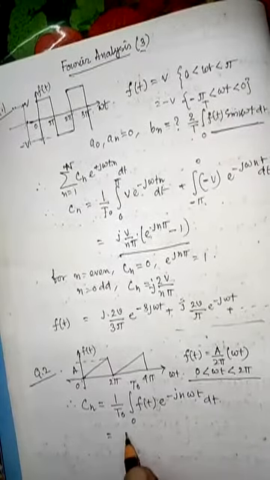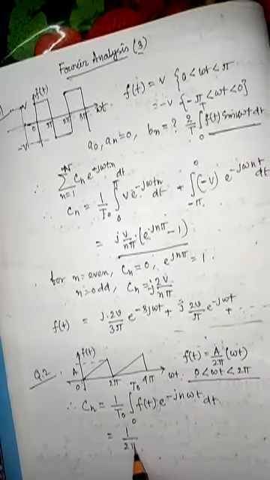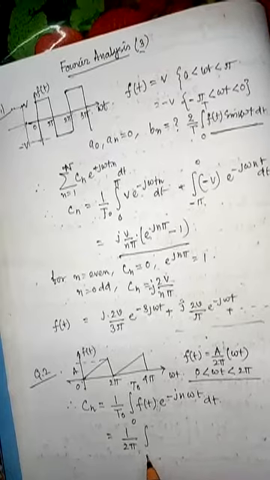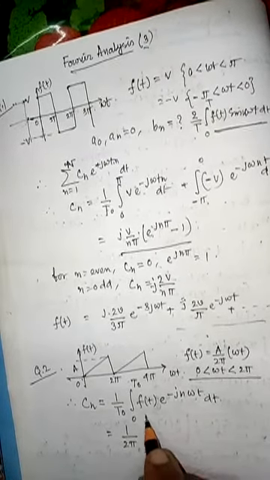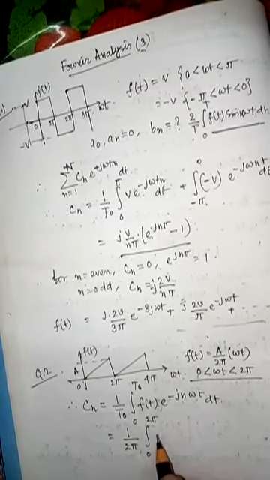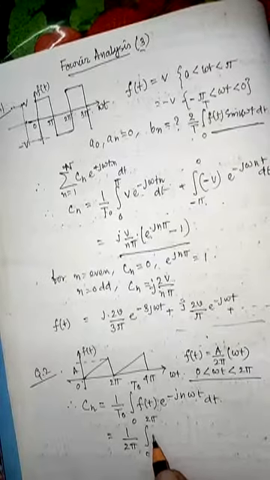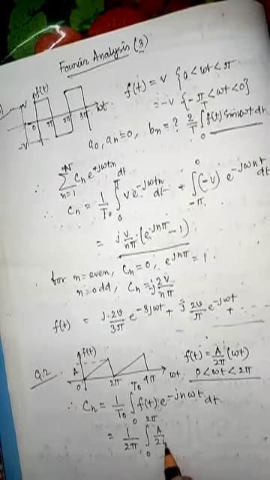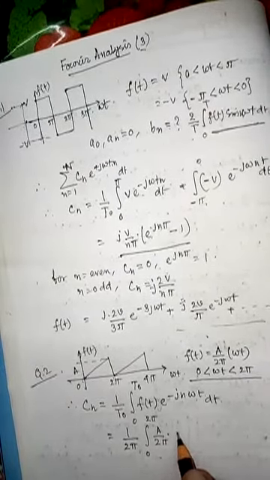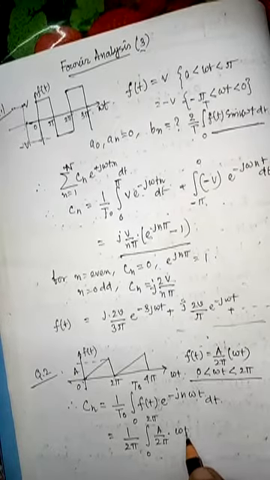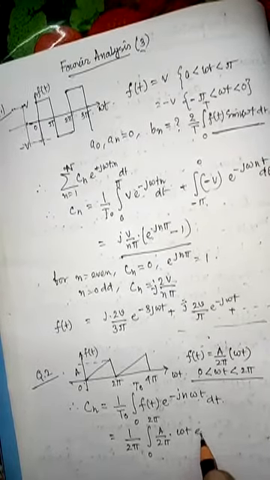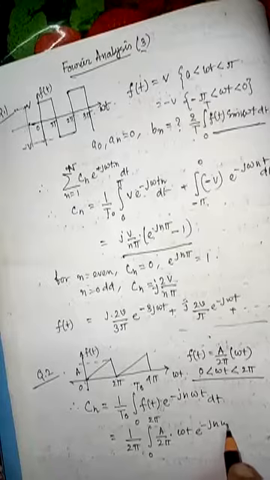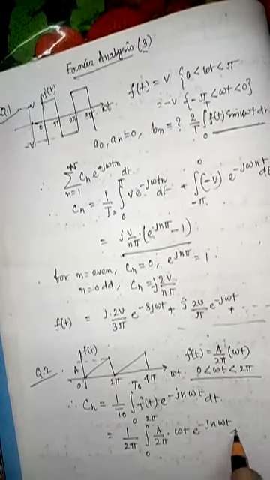So it should be 1 by 2 pi, the total time period is this. Here it is 0 to 2 pi, the total time period, and this is a by 2 pi into omega t into e to the power minus j n omega t dt.